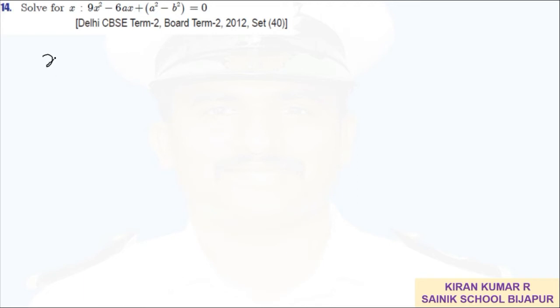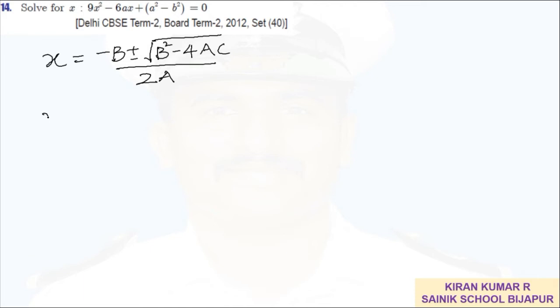If I consider capital A, capital B, capital C in the standard quadratic equation, the root is given by minus b plus or minus root of b square minus 4 times ac upon 2a. Let us now substitute the values of a, b and c.